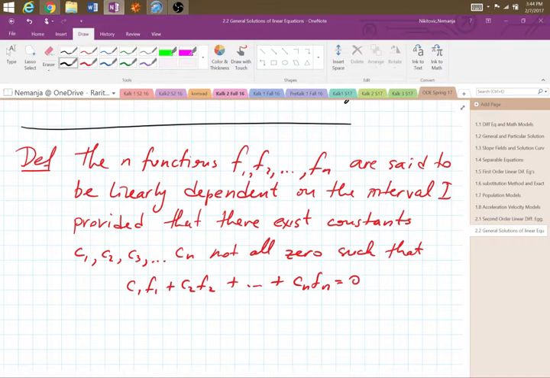Now we know that when we get dependent solutions, we fix them, I put that in air quotes.